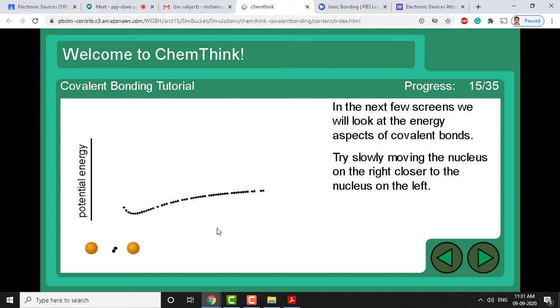Once again I repeat, just closely observe, and I just want to know from your side what happens to the potential energy when I bring the right side atom to the left side. When I hold some distance between them, observe the potential energy. When I move very much closer to the other atom, observe the potential energy. These are the observations you need to make here.